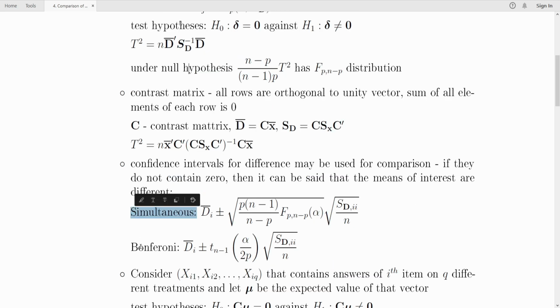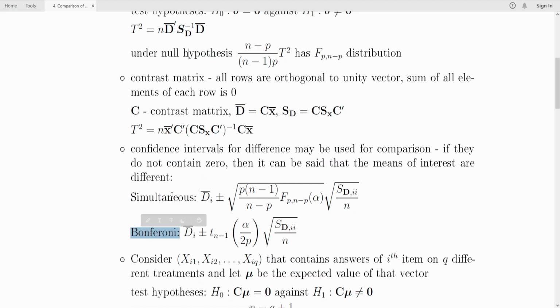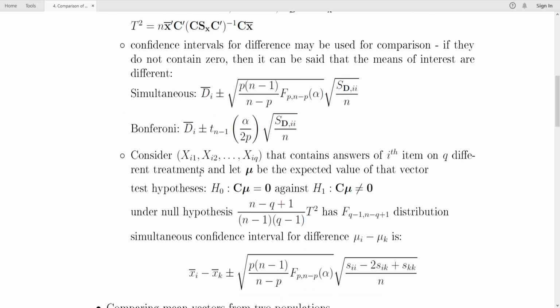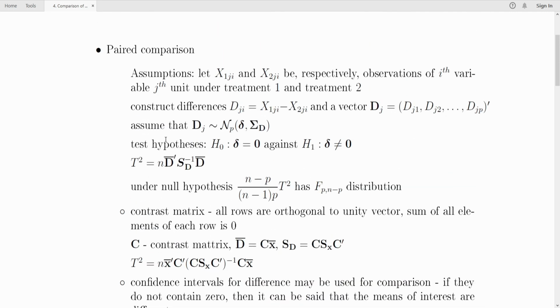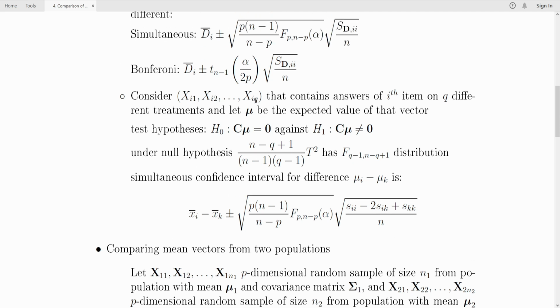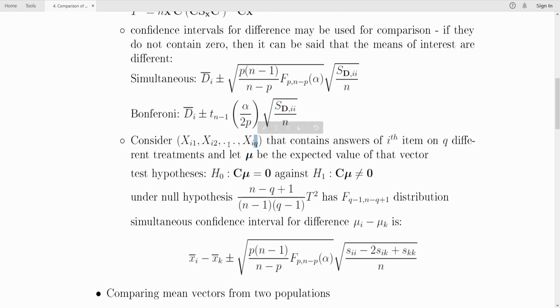Then the simultaneous and Bonferroni intervals can be computed in the same way as what we explained in the previous lecture. And in the end, for the paired comparison, when we have q different treatments, we can use this test procedure, where we have a little bit different test statistic and a little bit different Fisher distribution that can be proven, where we choose this matrix in a particular way.